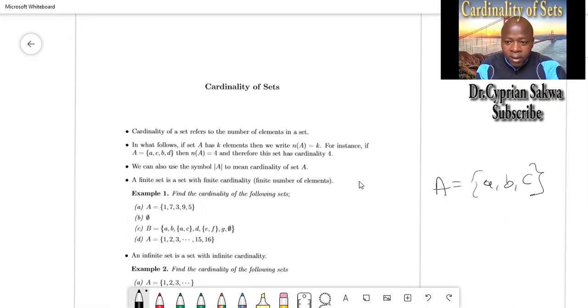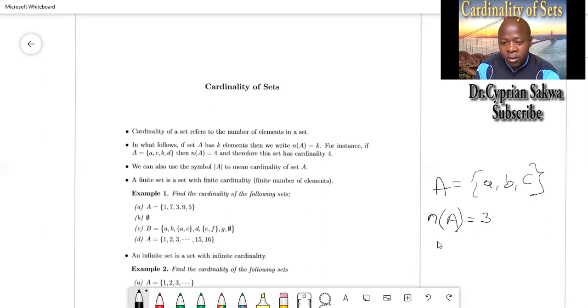So by cardinality of sets, as I've already said, we mean the number of elements, and therefore this set has 3 elements. It's therefore of cardinality 3. Our notation will be using this n to mean the number of elements in set A. For instance, we can write that the number of elements in set A is 3.